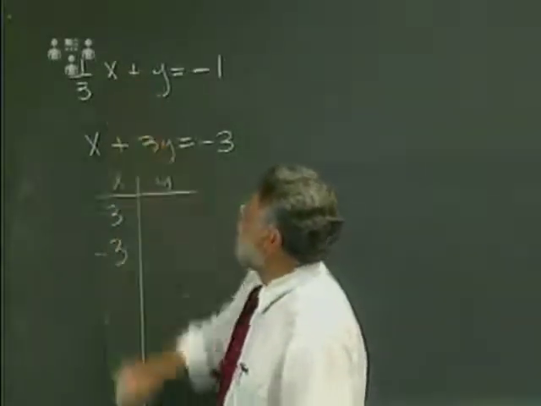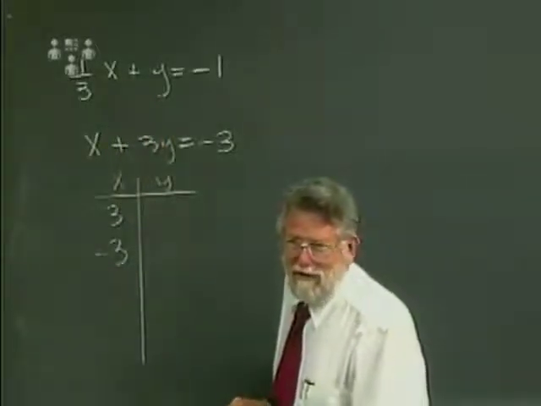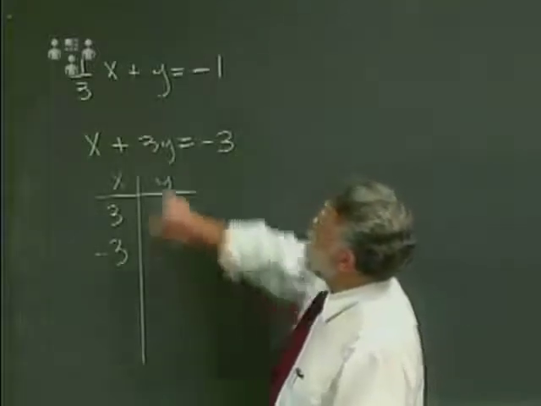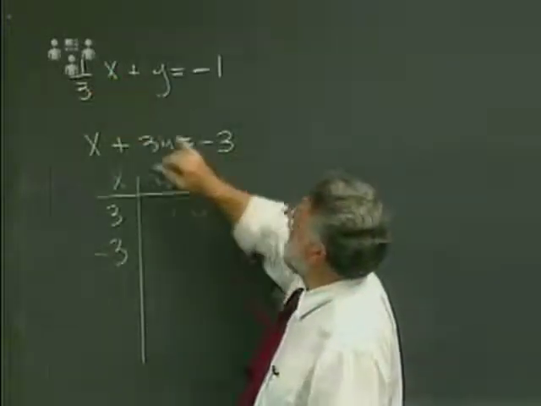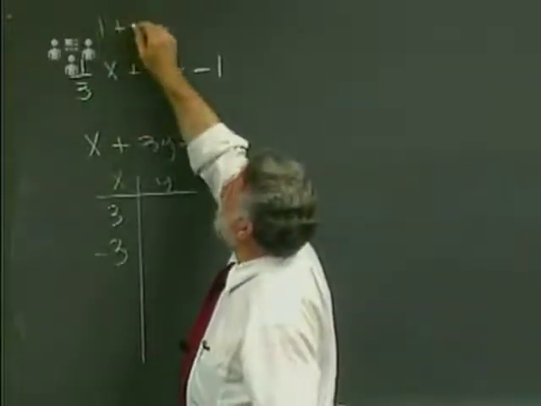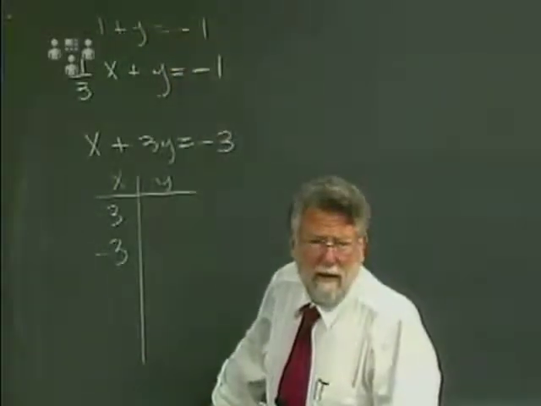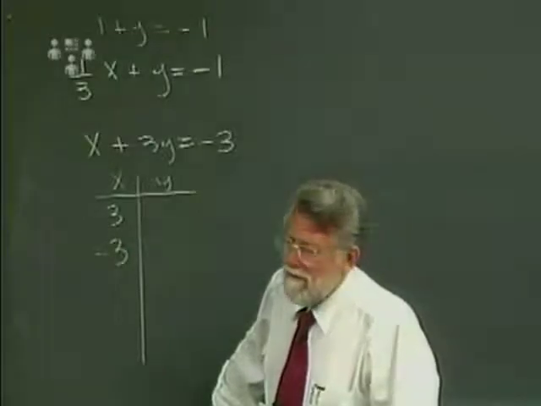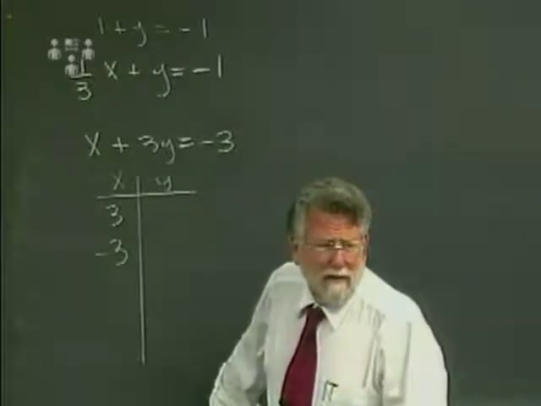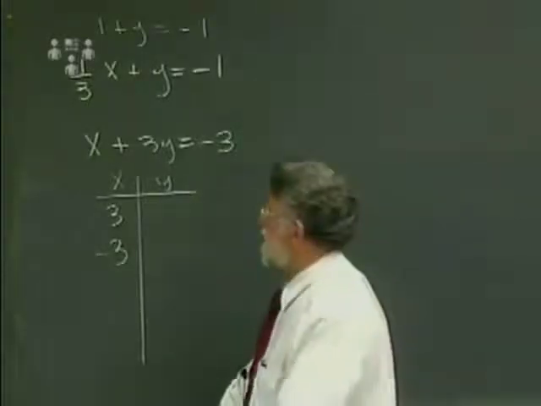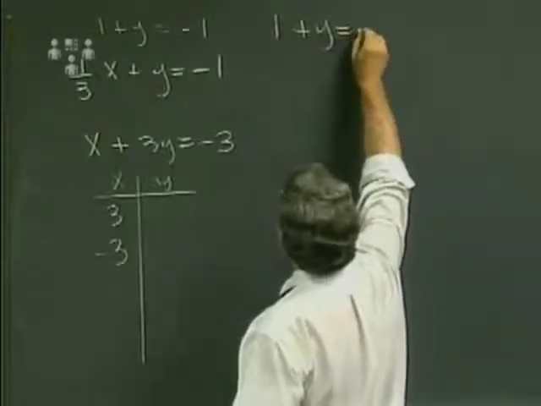Well, if x is 3, what's y? Okay, I've heard several answers. If x is 3, 1/3 x is going to be 1. So if x is 3, what must y equal? 1 plus y must be negative 1.